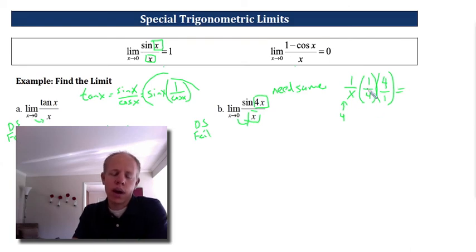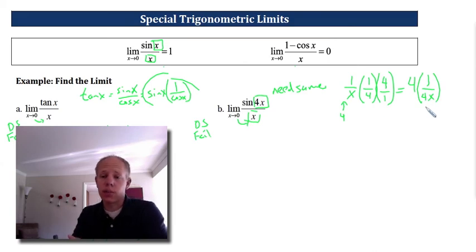But now we can rewrite this as 4 times 1 over 4x. This is going to be a method we use quite often in calculus, especially when we get to integration in second semester. So if we need to have that 4 in the bottom, okay, we can put it in the denominator as long as we multiply by 4 on the outside. Okay, so it's a little trick that we're going to pick up early here.